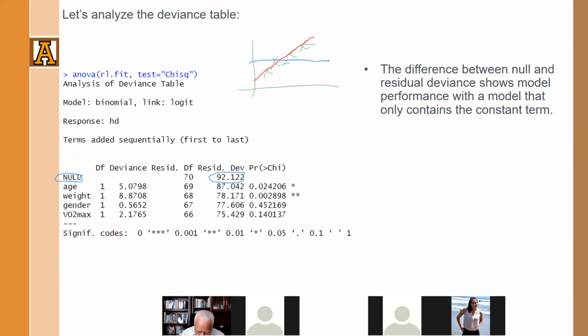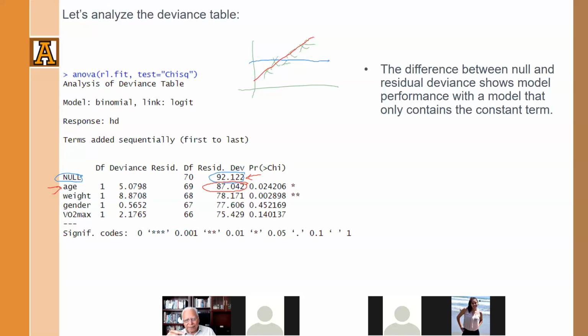But what this measures here is how much I reduced this deviance when I included the variable age. So when I include the variable age, I get a reduction of 5.07 units in deviance from the constant only. Okay.